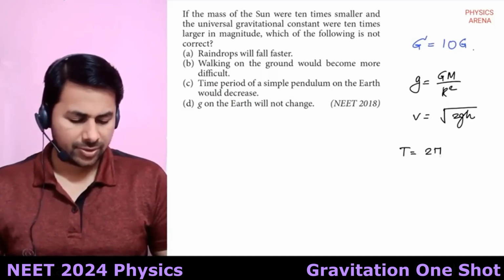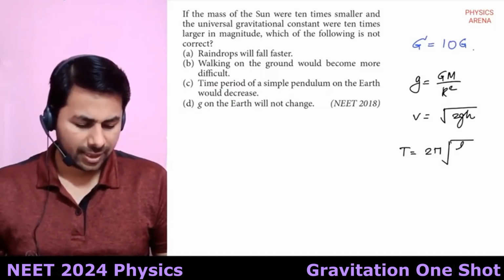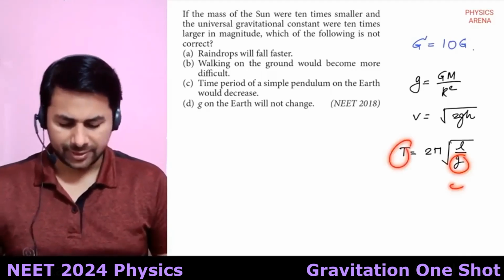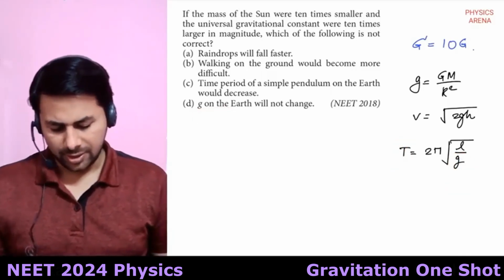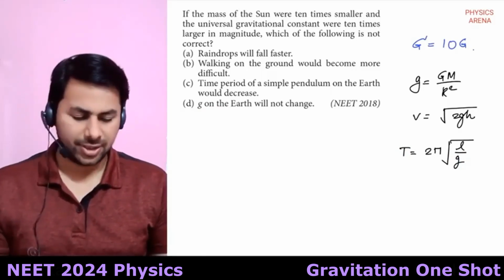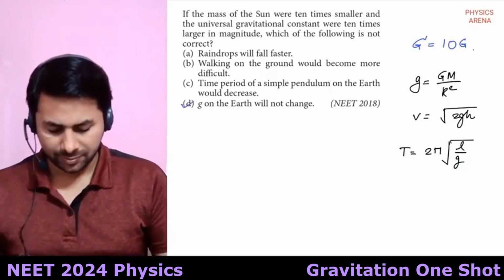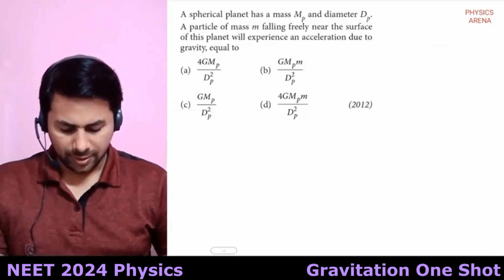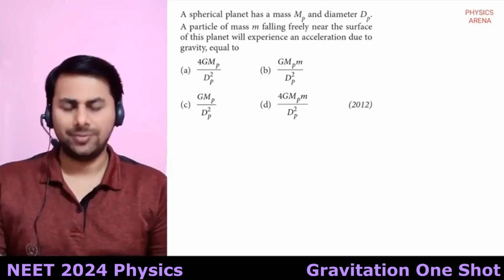Okay. T is equal to 2 pi square root of L upon g. So if g increases, time period will decrease. And G on Earth will not change. So this is incorrect. G is changing. So it's option D, right? Next question.